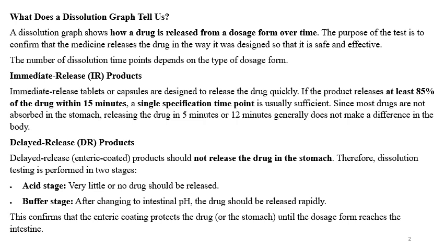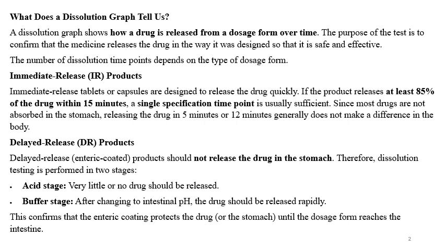Delayed release products, or DR products, are enteric coated formulations, called gastro resistant formulations in the European region. Delayed release enteric coated products may be tablets, pellets, or capsules, and these products should not release the drug in the stomach, and therefore dissolution testing is performed in two stages.